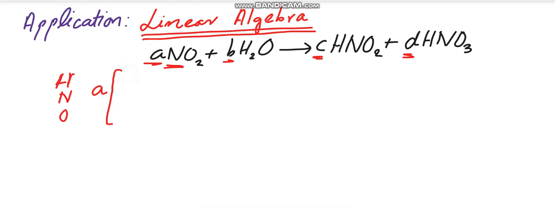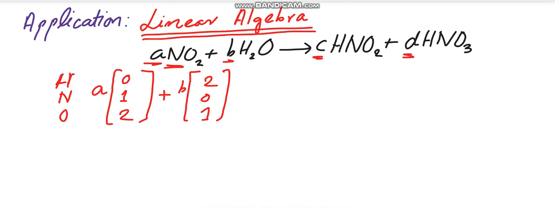element is 0. So I will add 0 over here, while one atom of nitrogen is present and two atoms of oxygen are present. Fine. Then plus B times hydrogen is 2 units while nitrogen is 0 and oxygen is 1.